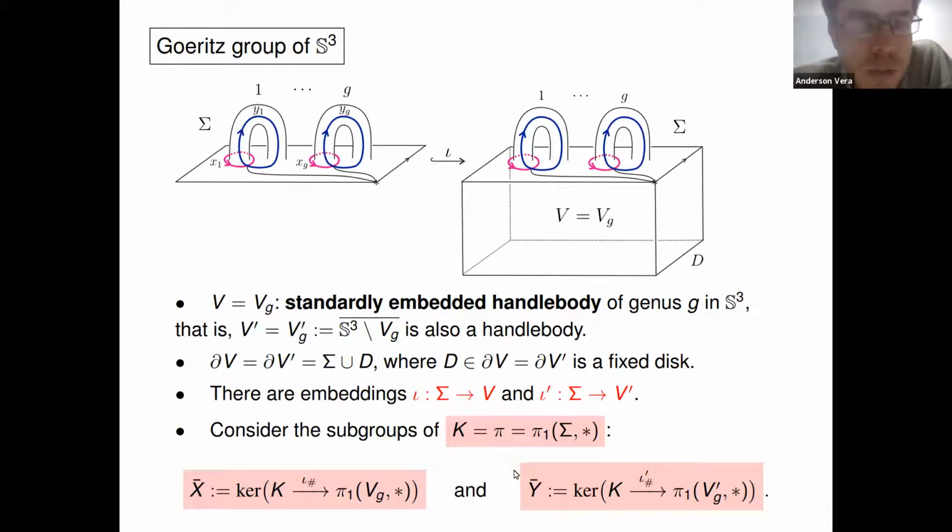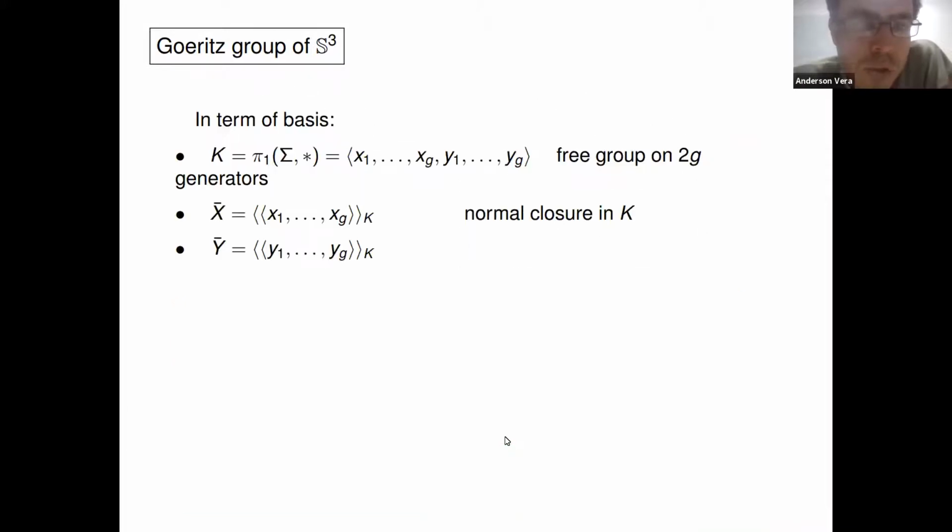But before this, in terms of generators, what are these groups? The fundamental group is generated by meridians and parallels. Now this group X is going to be the normal closure of the meridians. This is a free group, but it's not finitely generated, since we have all the conjugates of the meridians. And similarly for Y.